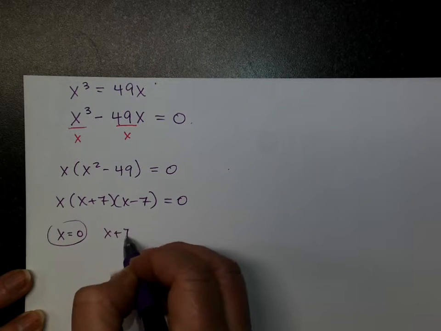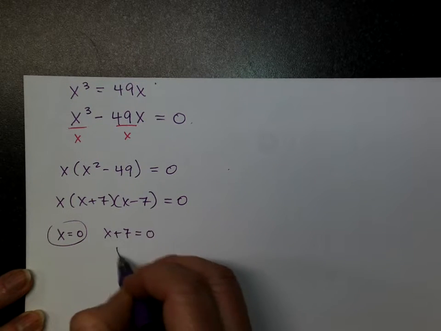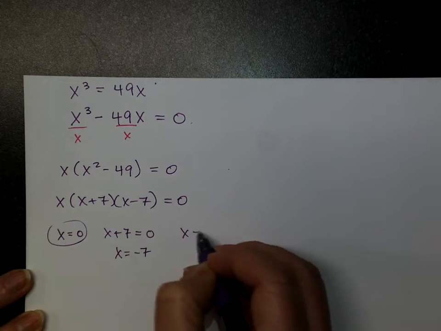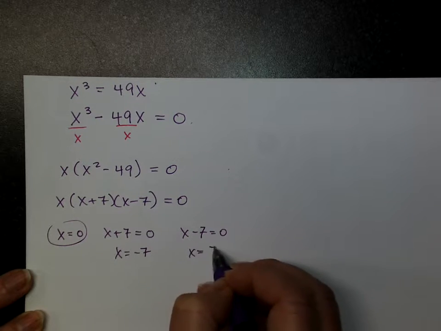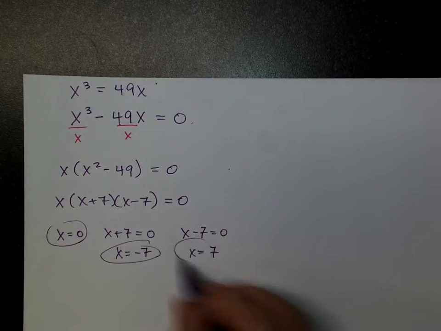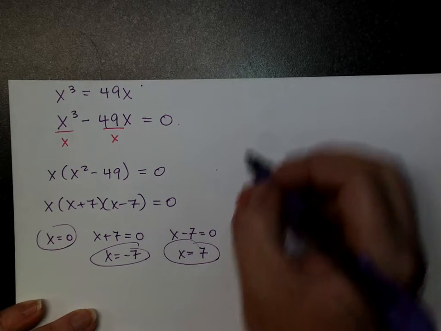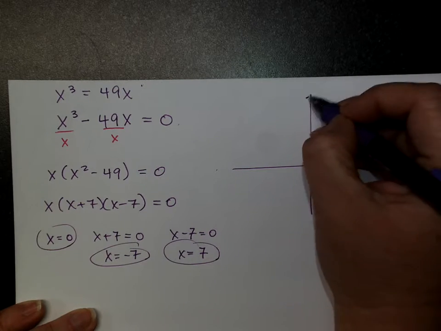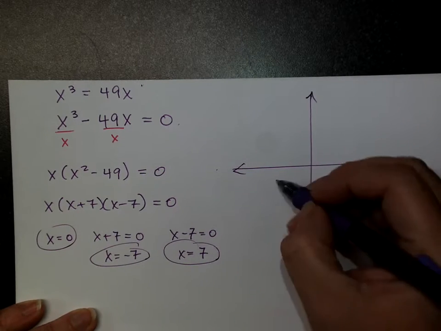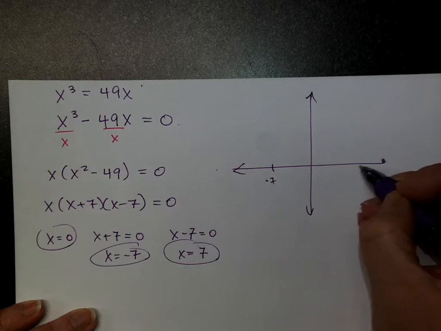And then the other solutions: x plus 7 equals 0, so x equals negative 7, or x minus 7 equals 0, so x equals positive 7. Now this is a cubic. A cubic does not make a parabola. I'll call that negative 7, and that's 7.